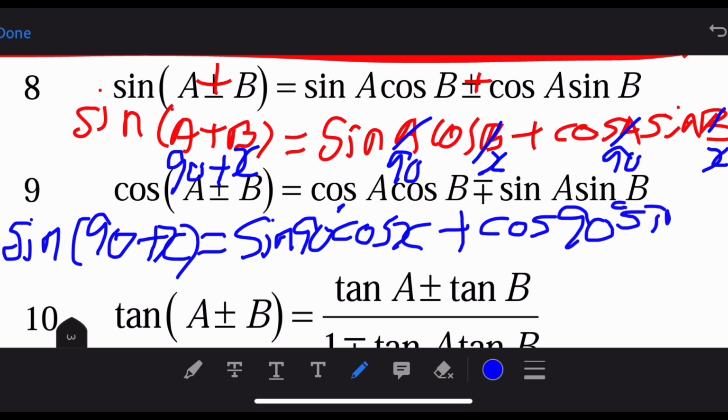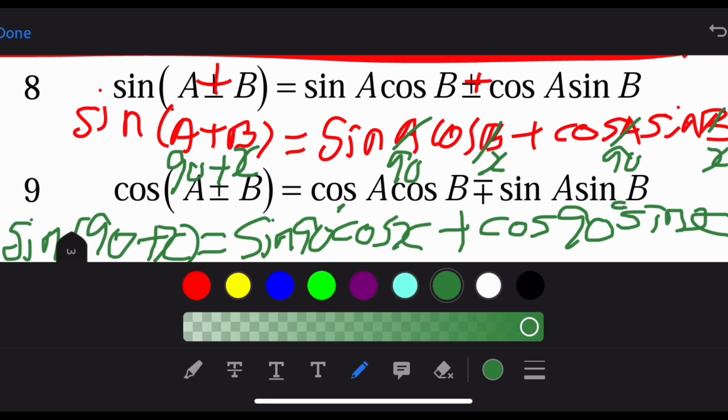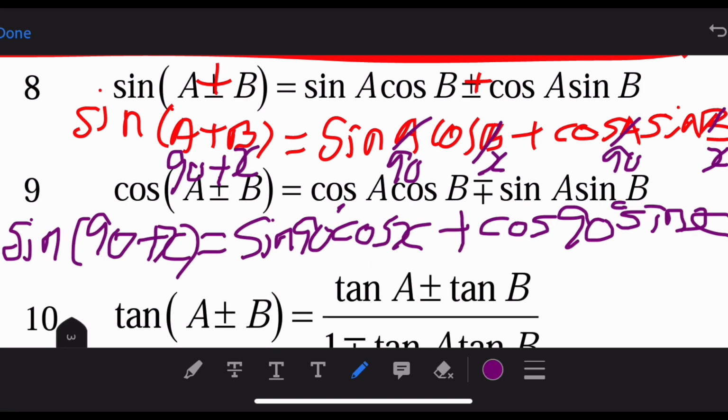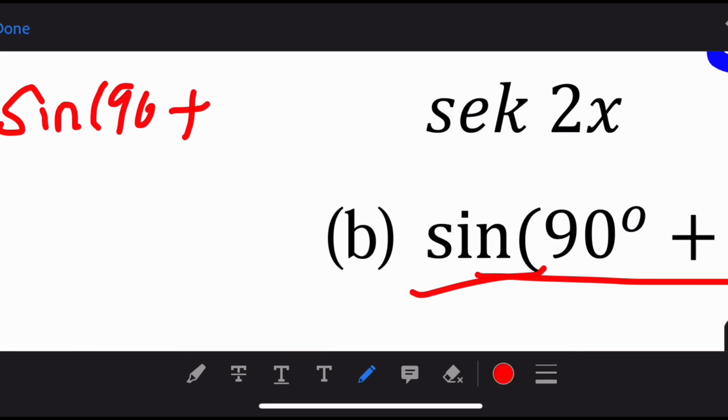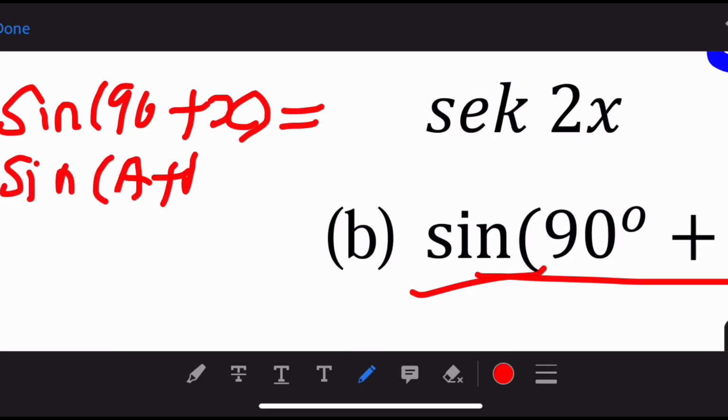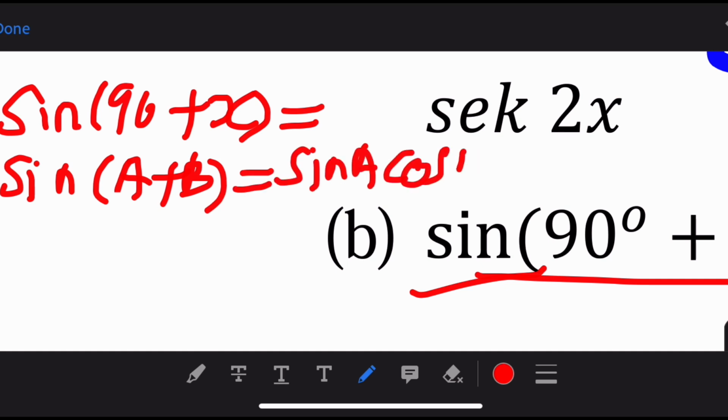You have to always practice. If not, you tend to forget how to use a formula, right? So this is the addition formula for sine. Let's use the formula in the formula list. You have sine 90 plus x, so you will copy the formula for sine A plus B. So it's sine A cos B plus cos A sine B, right?